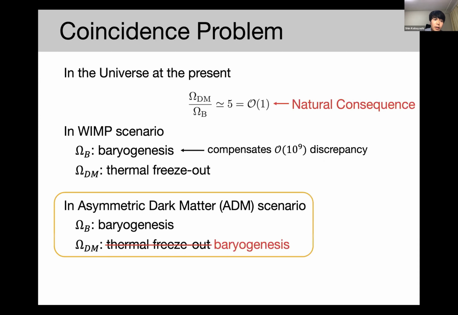However, in the asymmetric dark matter scenario, we generate the baryon and dark matter from the same origin of the baryogenesis. So this coincidence looks like a natural consequence, and it is easy to explain the coincidence problem in the asymmetric dark matter scenario. This is the spirit of the ADM.